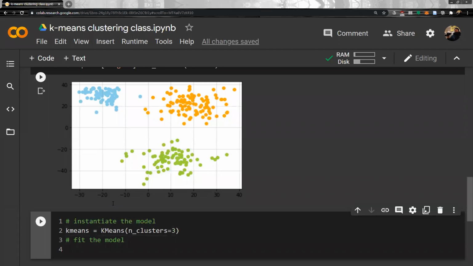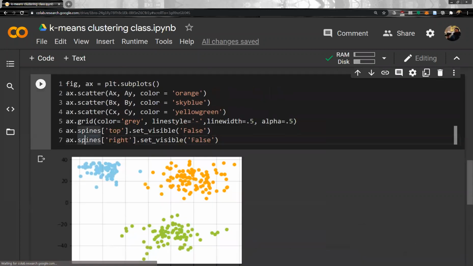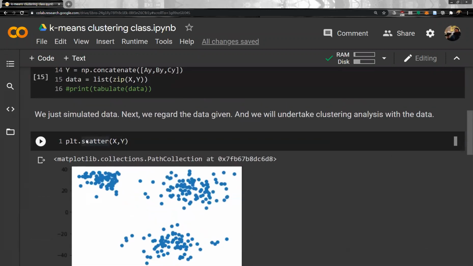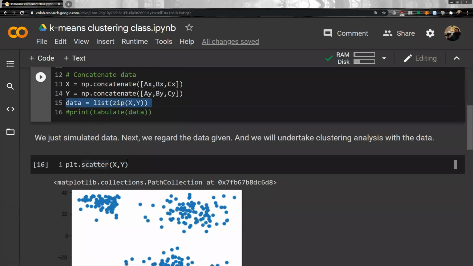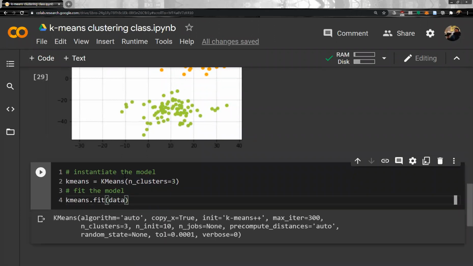KMeans is the name of the model, so we fit the model with the data. The name of the data is appropriate, so yeah, data. So we fitted the data.